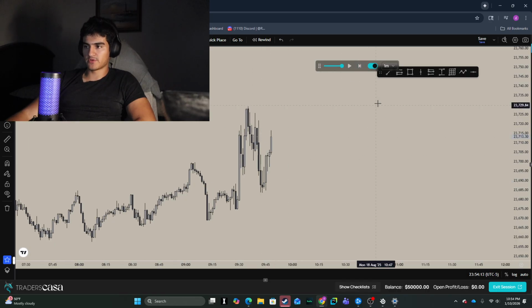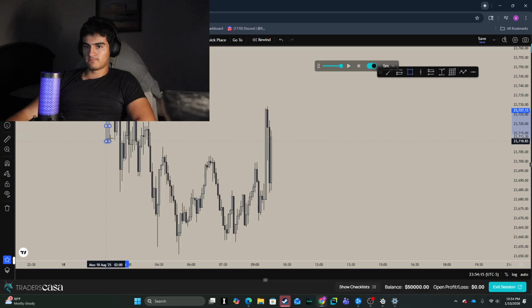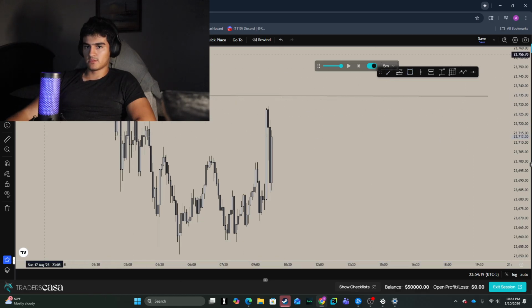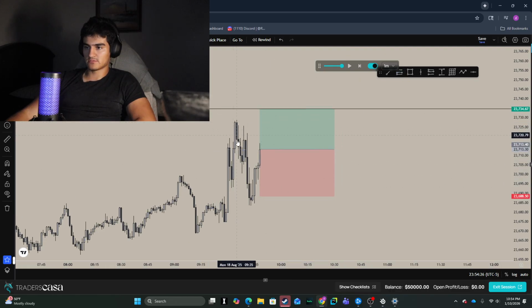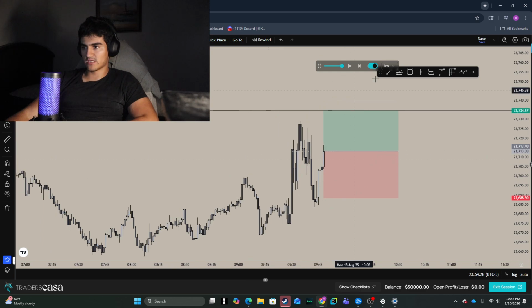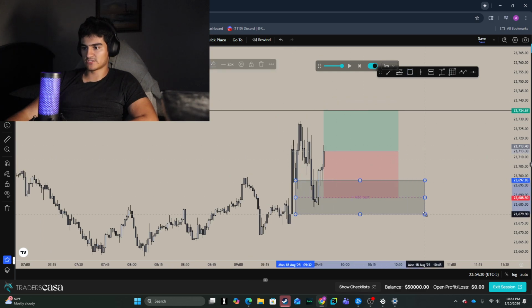This right here is a trade. I'll set my TP right here. I will enter here, stop loss that candle, and aim for that. I will go really heavy on this trade. This is a good setup here.